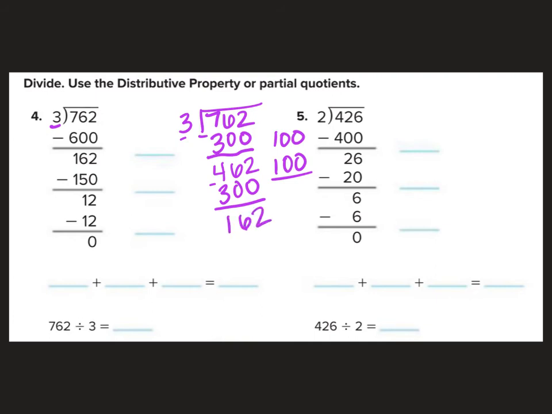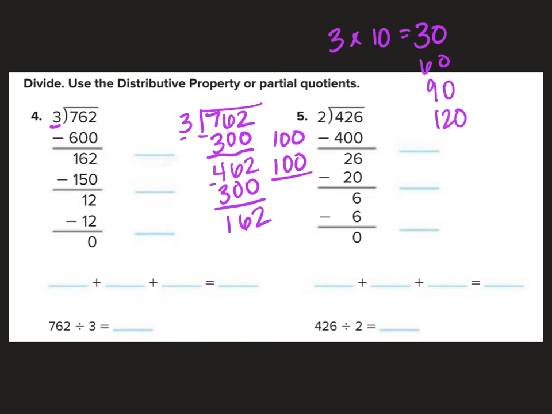Okay, now things get a little trickier. Well, 3 times 10 is 30. So I could take some 30s apart, or I could count by 30s, right? If I know that 3 times 10 equals 30, then I could go 60, then 90, 120.